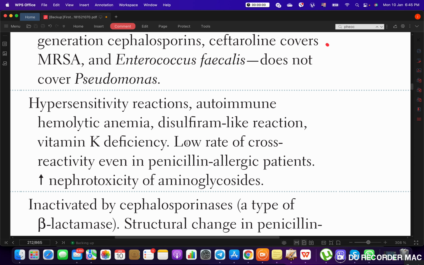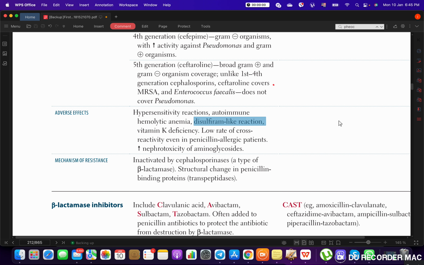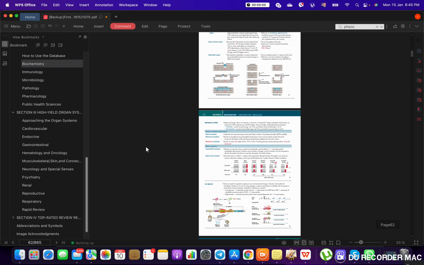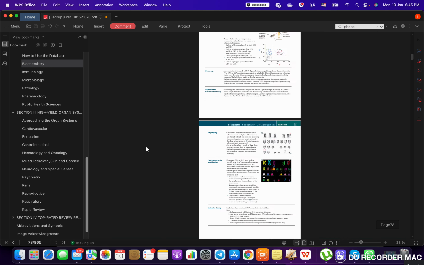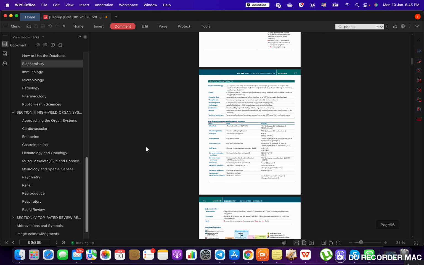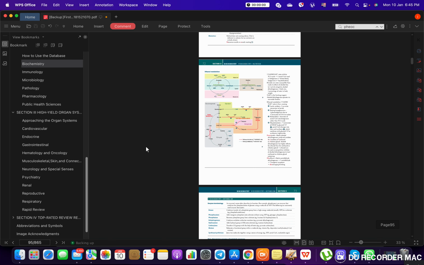So, disulfiram-like reaction. Let me explain this one. This is just pure biochemistry. So, in the biochemistry chapter, I will be explaining the metabolism of alcohol. I mean, drinkable alcohol, the ethanol. So, if we speak about the ethanol, when it gets metabolized, yes, here it is.